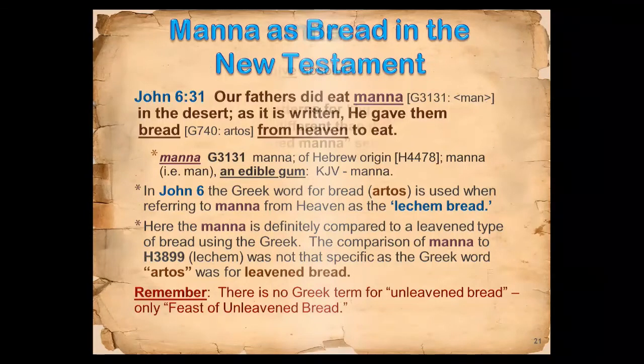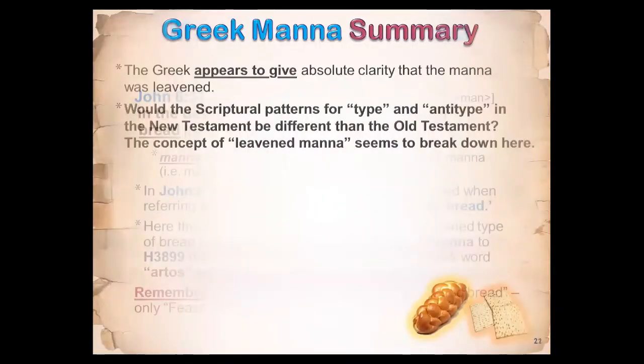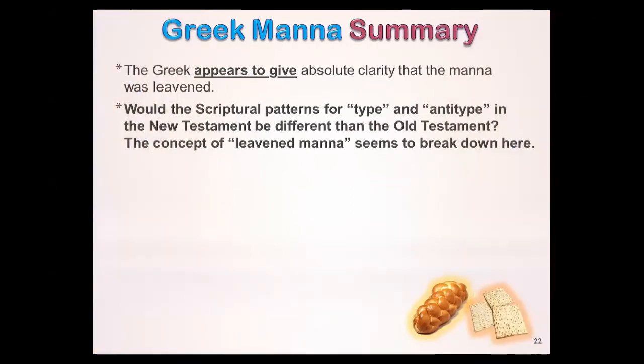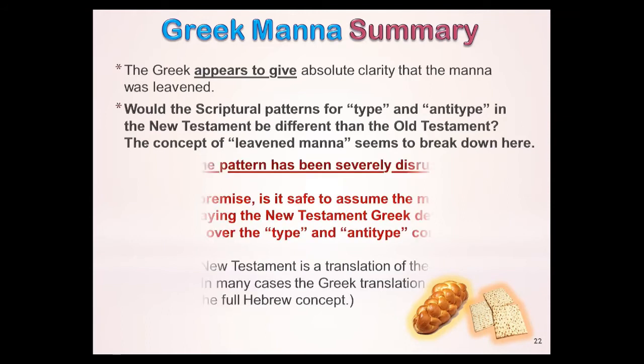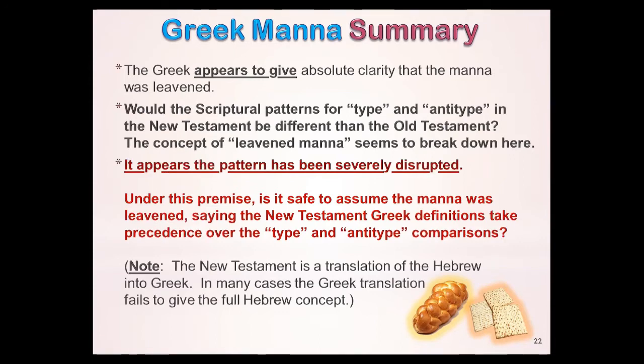So what's our summary for Greek in the New Testament on the word manna? Well, the Greek appears to give absolute clarity that the manna was leavened. Would the scriptural patterns for type and antitype in the New Testament be different than the Old Testament? Well, the concept of leavened manna seems to break down here, at least it does for me.